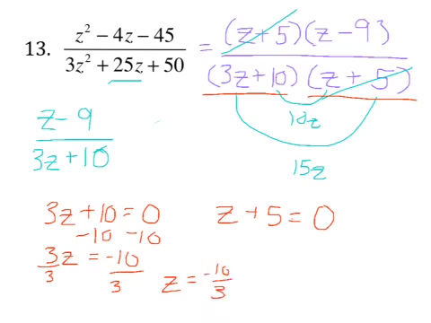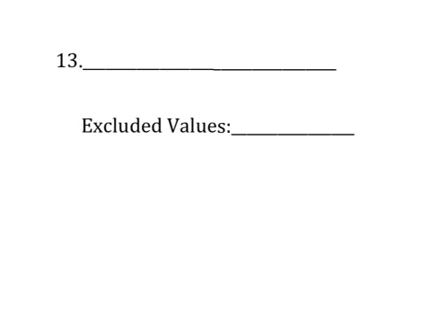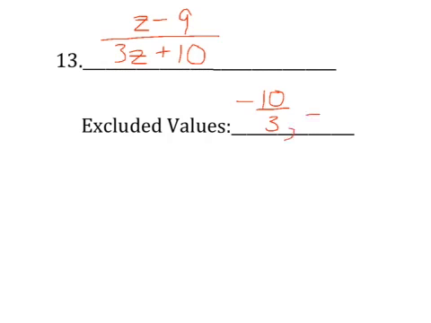So negative 10 thirds will be an excluded value. And if we subtract 5, we have z equals negative 5. So in the answer column, we have z minus 9 over 3z plus 10 as our simplified fraction, and the excluded values are negative 10 thirds and negative 5.